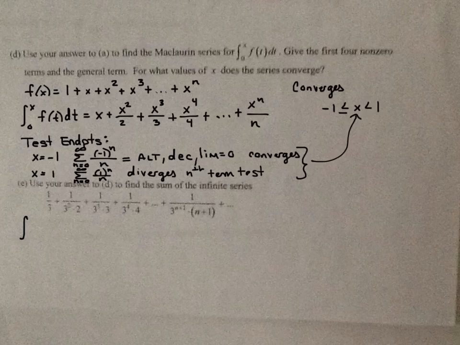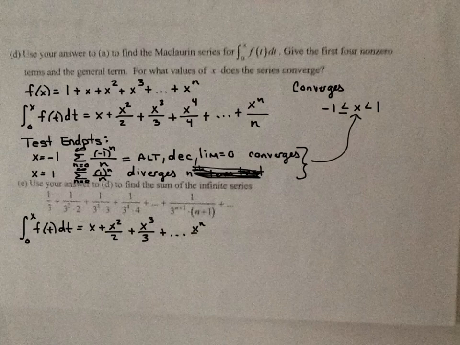Okay, so now use your answer to D to find the sum of the infinite series 1/3 plus 1 over 3 squared times 2 plus 1 over 3 cubed times 3. Well, recall that from part D, our integral is equivalent to x plus x squared over 2 plus x cubed over 3 plus x to the 4th over 4.